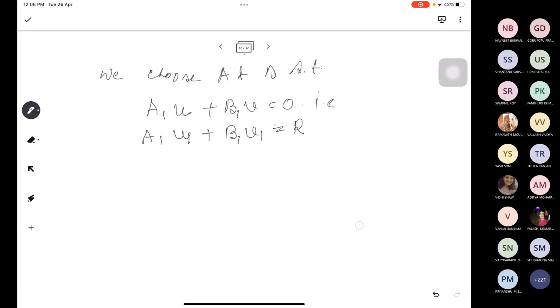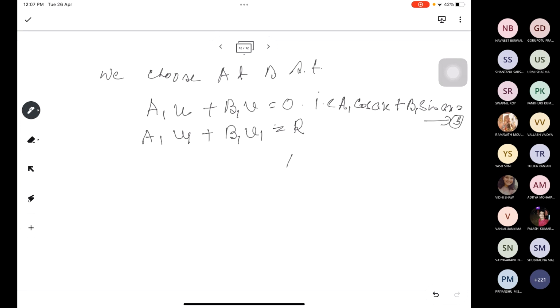That means A1 cos ax plus B1 sin ax is equal to 0, and say this is your equation 3.